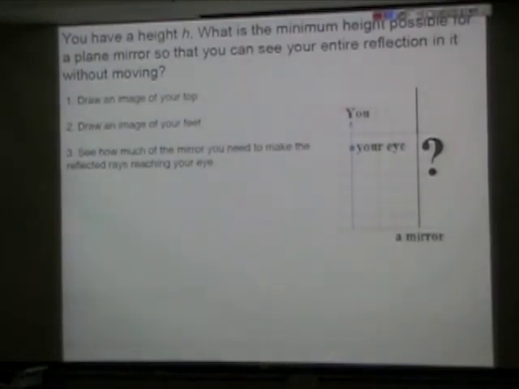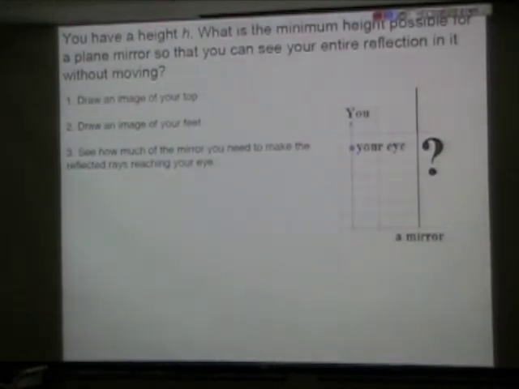So I'm going to give you a minute. You should have a similar picture, and that's what you should do. So this is you, from the top of your head to the floor. That's your eye. Draw an image of your top. Draw an image of your feet.